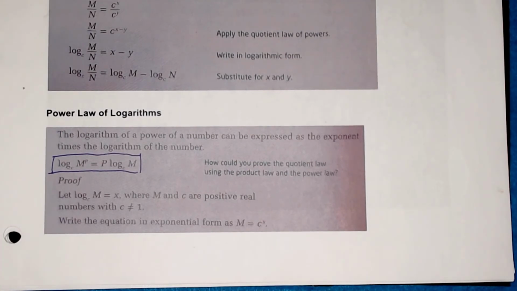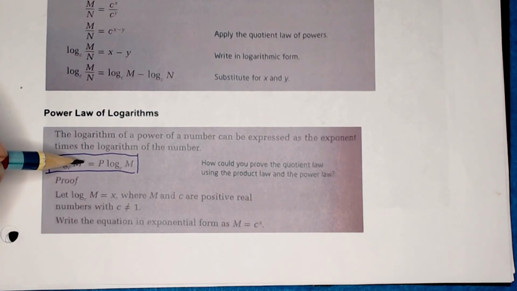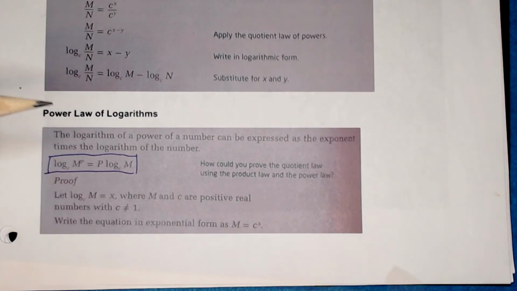The power law of logarithms. So if we have a logarithmic function written as log c of m to the power of p, then this exponent p can become the coefficient in front of your logarithmic function. So you would end up with p times log c m.